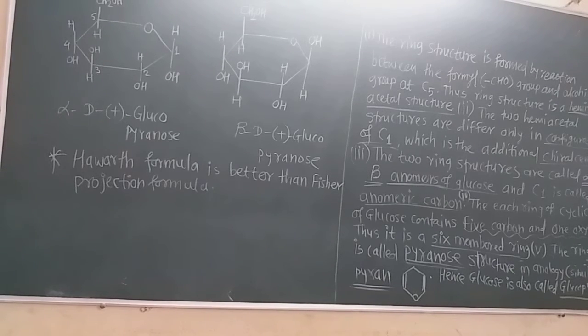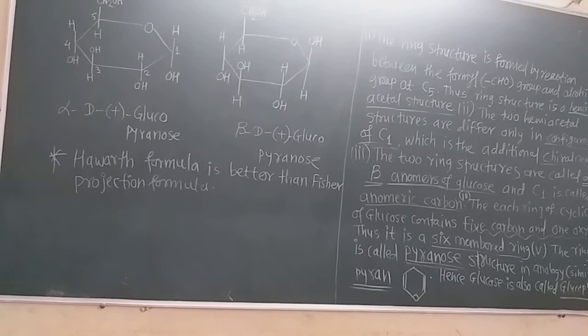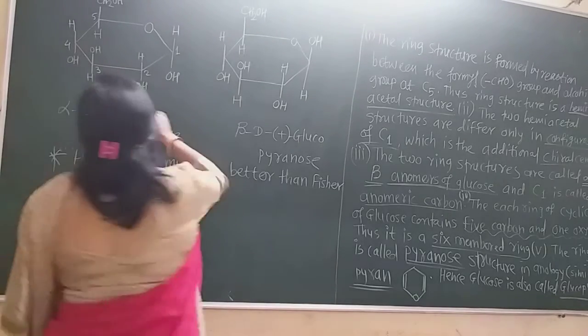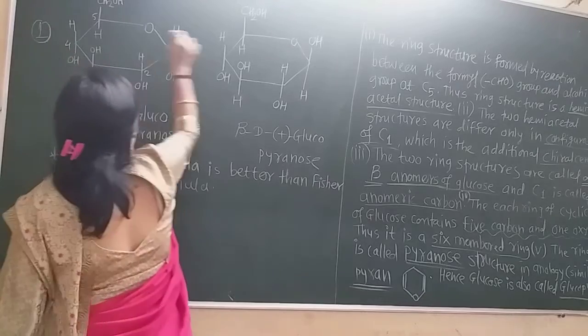Now see on the blackboard. There is the Haworth projection formula. First I will draw the Fischer projection formula of the 6-membered ring of glucose, that is glucopyranose. Now I show here these two structures, first and second.